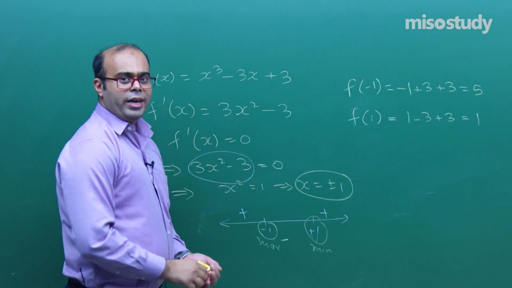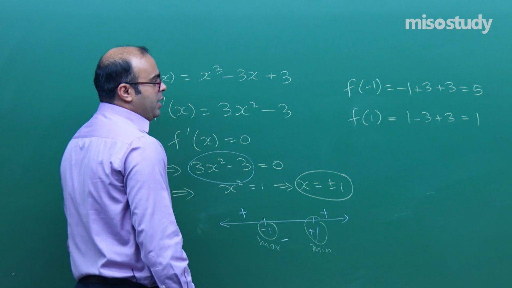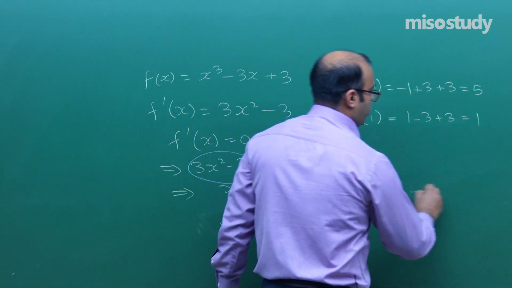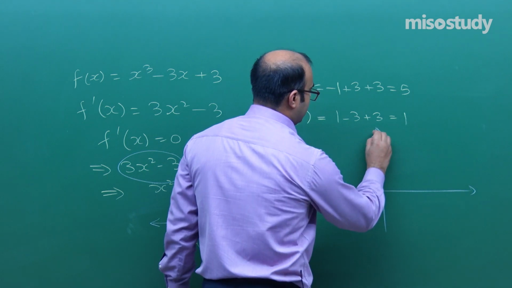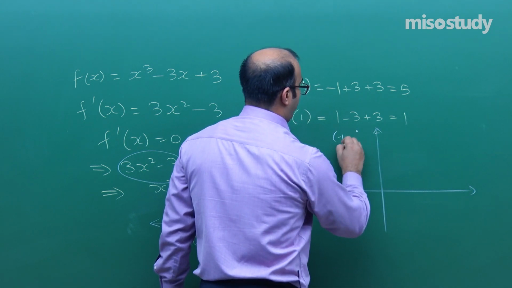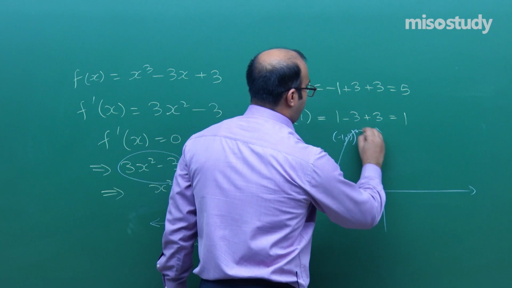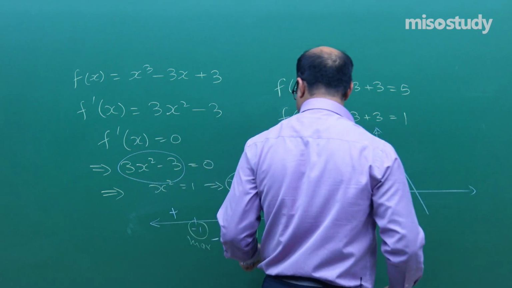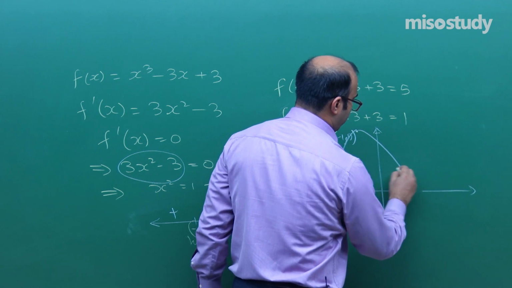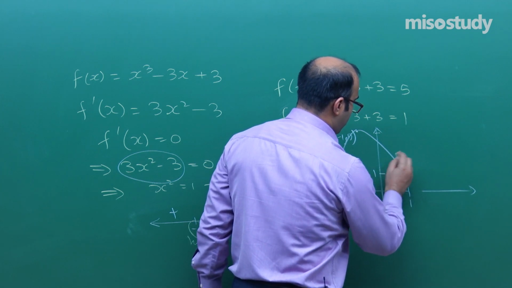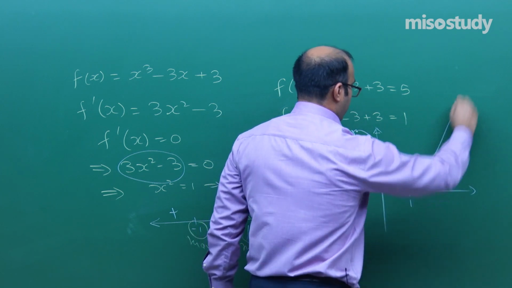So even we can draw the graph. One point is minus 1 comma 5. So this is the x-axis, this is the y-axis, minus 1 and this is 5. This is minus 1 comma 5. This is the point of local maxima. Another point is 1 comma 1. So the minimum value is here. It will go like this, like this.